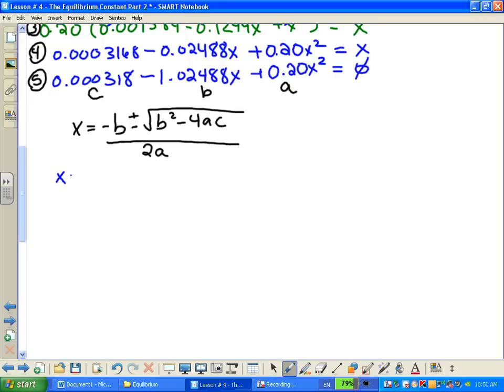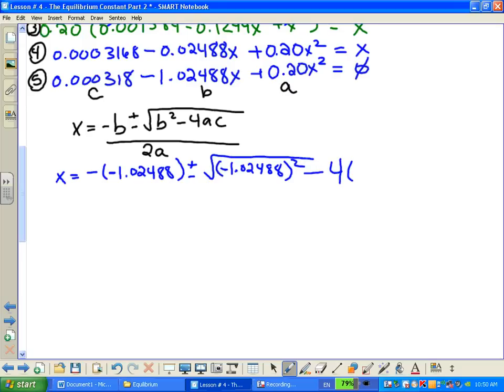So we have x is equal to negative 1.02488 plus or minus the square root of negative 1.02488 squared minus 4 times my a, which is 0.2, and then my c, which is 0.000318.